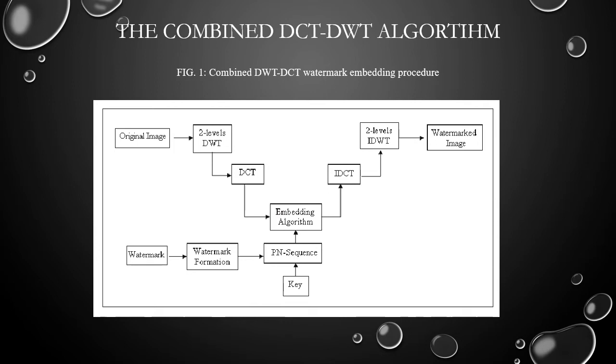After that, we will apply the DCT to the chosen subbands. Then we convert the grayscale watermark image into a vector of 0s and 1s. That is watermark formation.